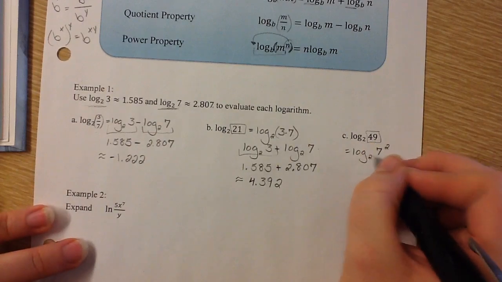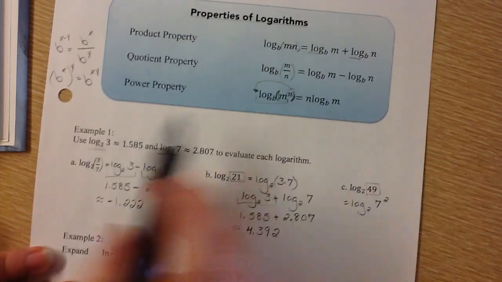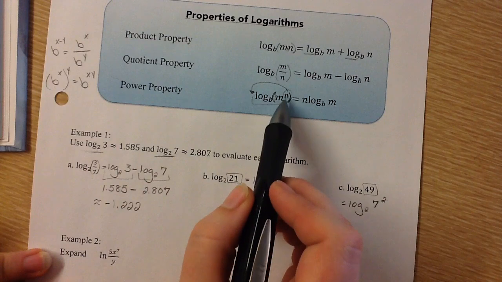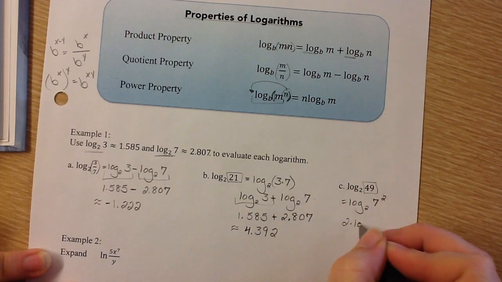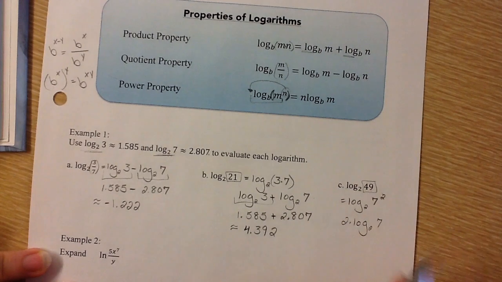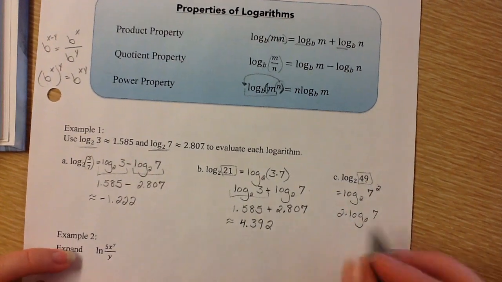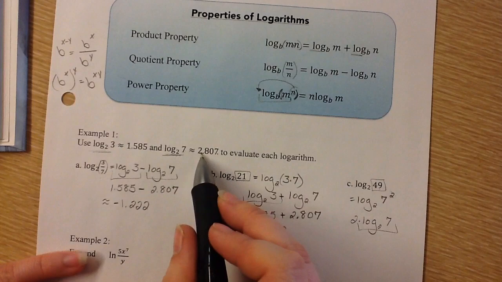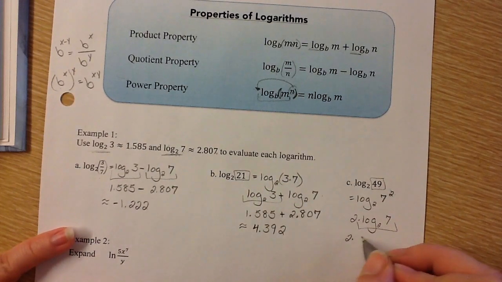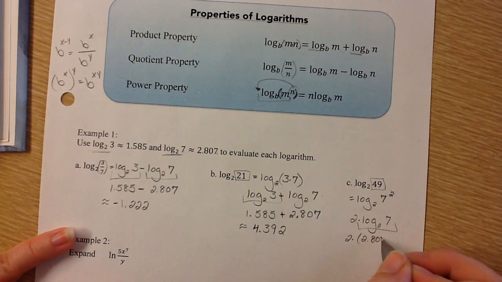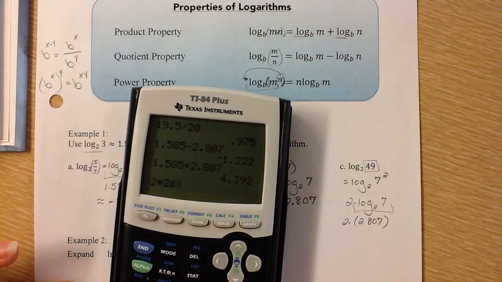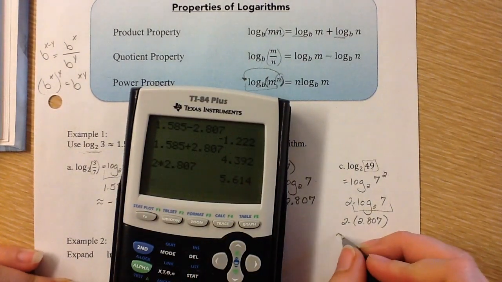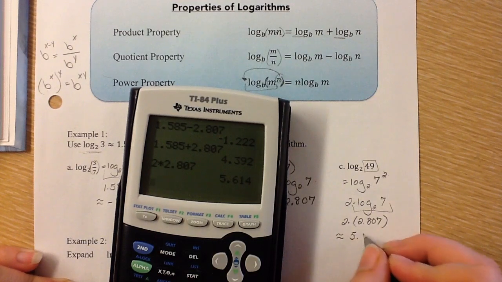Now I can use my power property. That exponent is going to come out front, so it would be 2 times log base 2 of 7. We know log base 2 of 7 is 2.807, so 2 times 2.807 gives approximately 5.614.